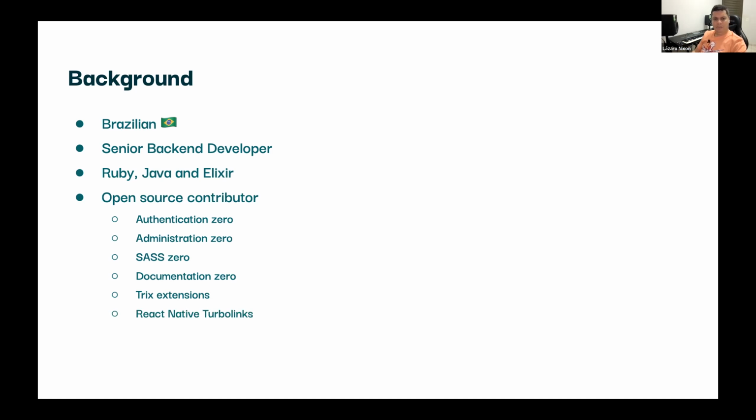Also, in the past, I created this library, React Native Turbolinks, that integrates Turbolinks with React Native. So it was an effort to let you create mobile applications using Rails and Turbolinks. Active Persistence is a Java library.